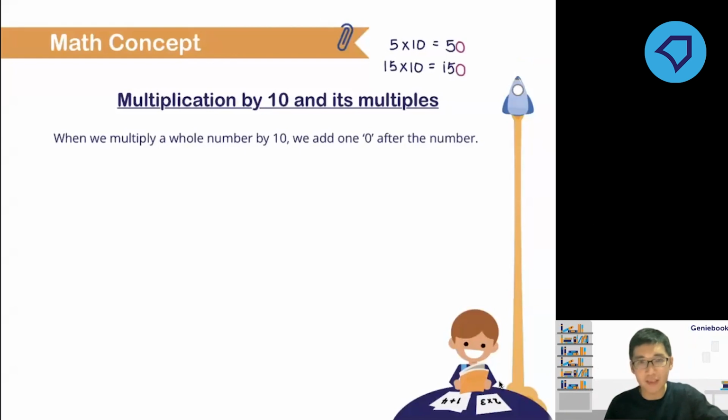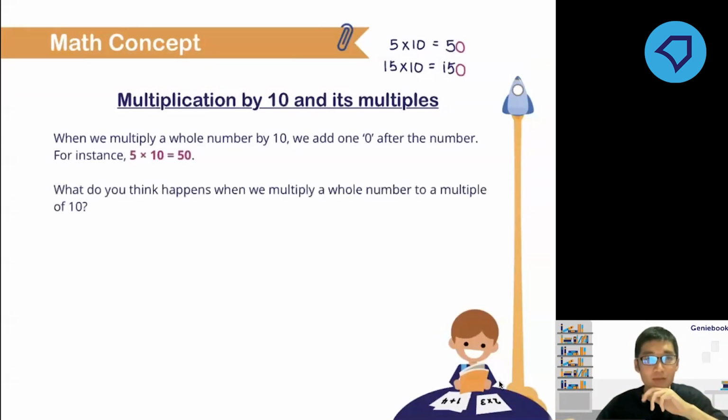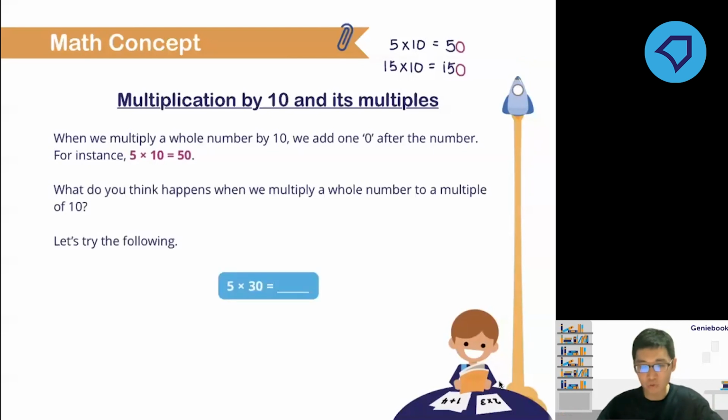Now, what happens if it's a multiple of 10? Okay, this is just an example just now. So what happens if we multiply a whole number by a multiple of 10? So let's say I have 5 multiplied by 30. So you can see here, 30 is your multiple of 10.